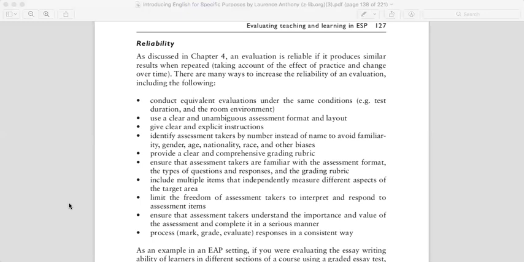So to make the test reliable, or to check the reliability of these tests, you should be taking care of few things through which you can increase the reliability.